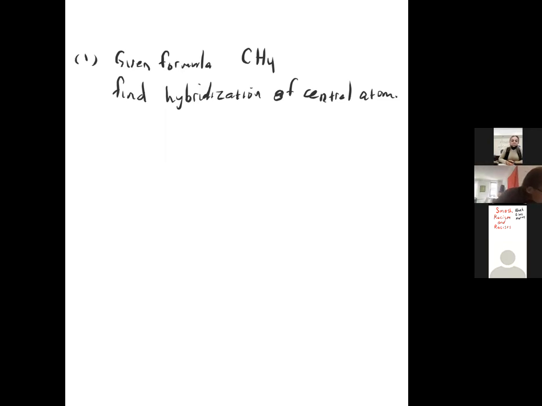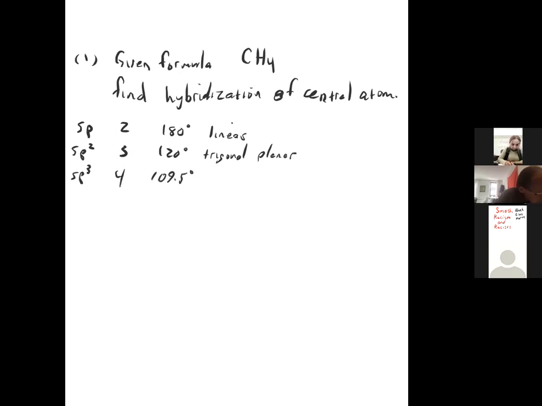So I'm just going to make a quick little table here. sp, there's 2 orbitals, and it's 180 degrees, which is linear, right? sp2, there's 3 orbitals, 120 degrees, trigonal planar. sp3, 4 identical orbitals, 109.5 degrees, tetrahedral. sp3d, 5 identical orbitals.